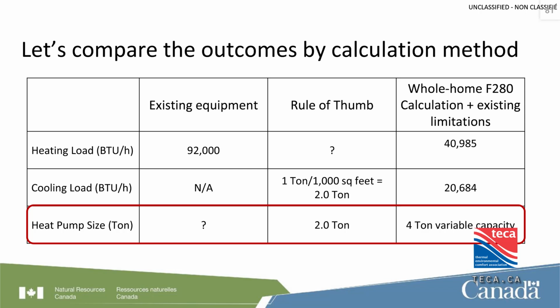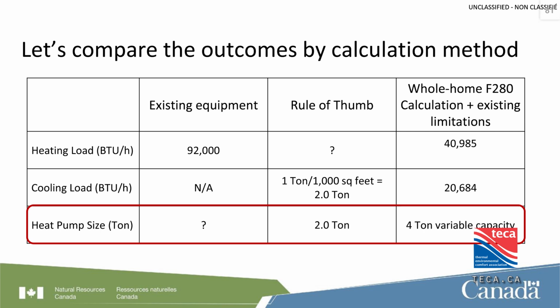If we use the rule of thumb on the heating side, it might be difficult. You may be using a per square foot or per floor of living space rule of thumb. Again, it's hard to zero in on a proper way of doing that on the heating side. On the cooling side, 1 ton per 1,000 square feet is commonly used. If we did use that, we'd be at a 2-ton heat pump for our decision making.